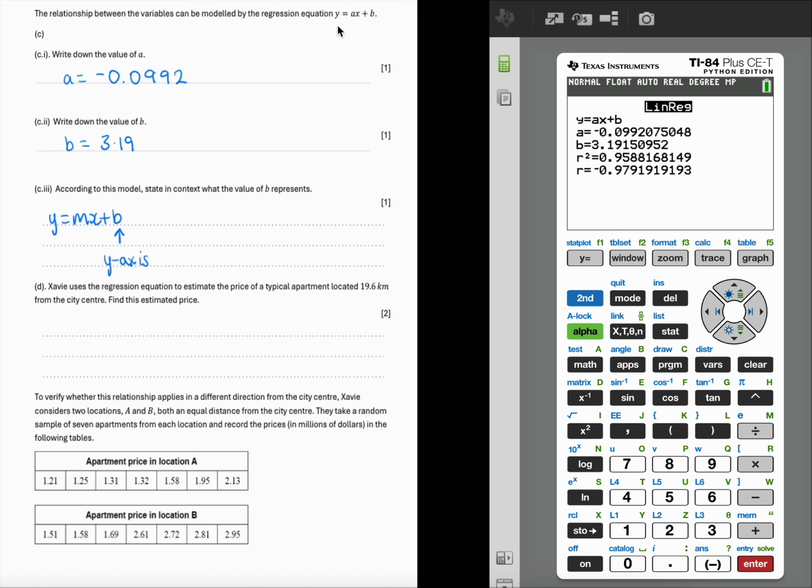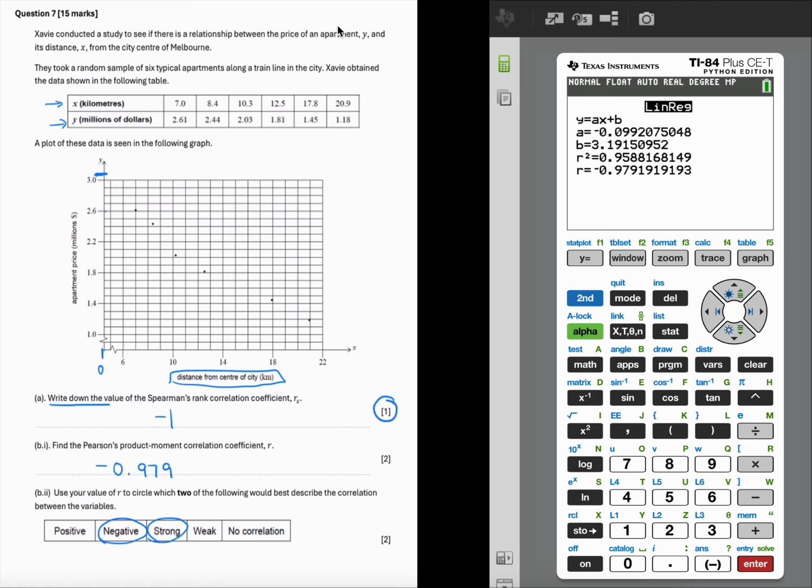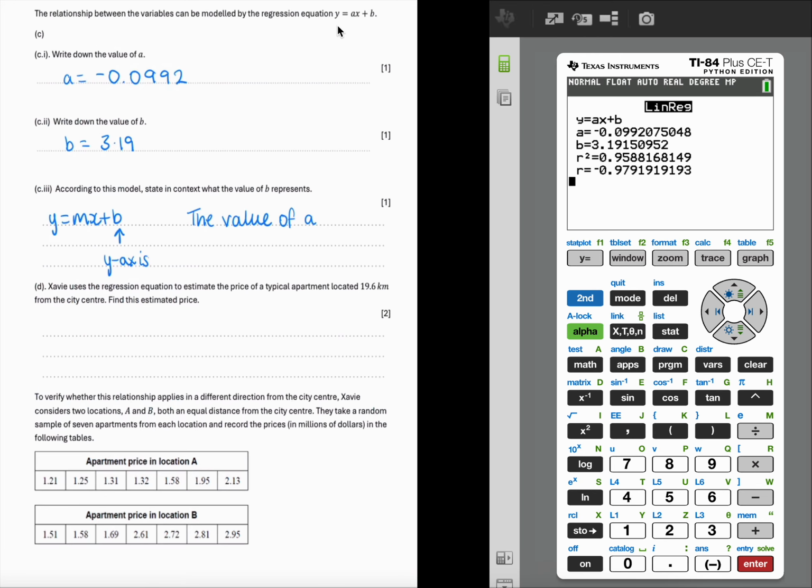So that means that B is telling me the value of an apartment in the city centre. So it's 0 kilometers away, right in the middle of the city centre.